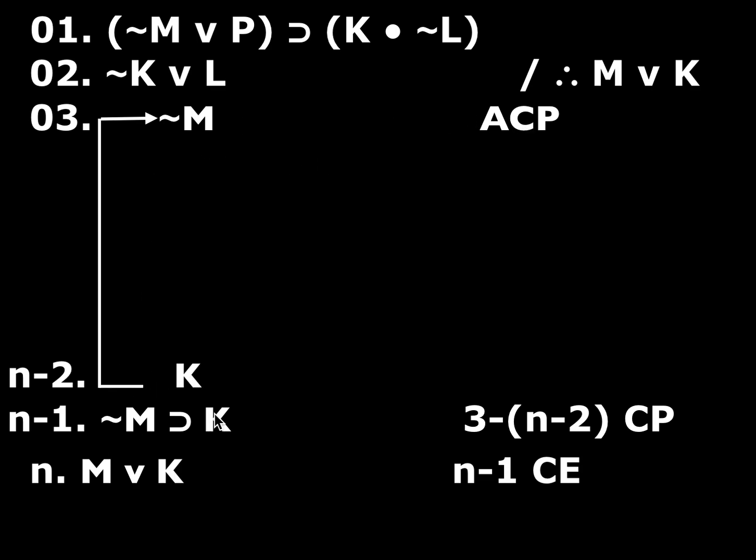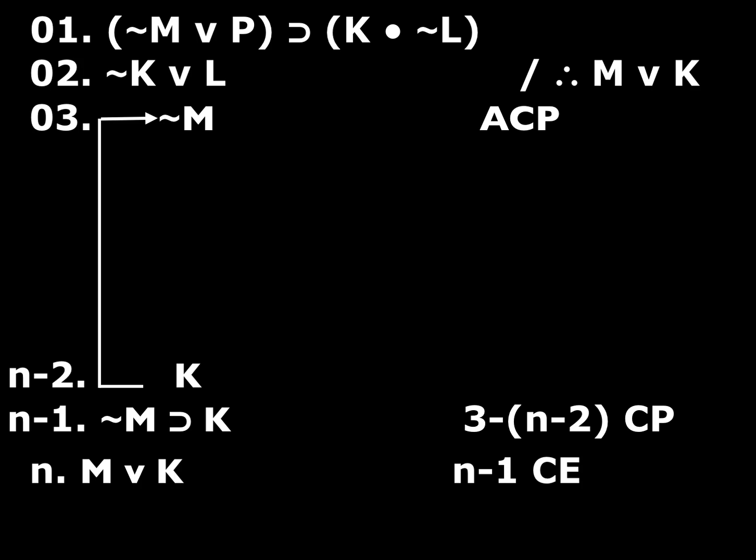Next line has to be a conditional whose antecedent was my ACP, whose consequent was the last line. So I could get this conditional by using conditional proof, and then once I have it, turn it into this disjunction by conditional exchange. So this is strategically just one way I could look at this and say, this is one way I could do this proof. I could just do a conditional proof to derive this, and then turn this into that. Okay?